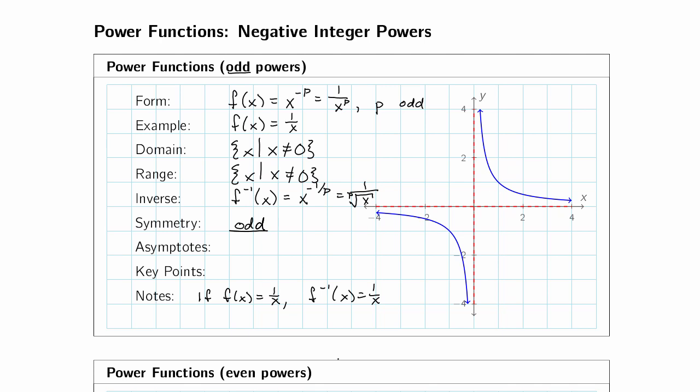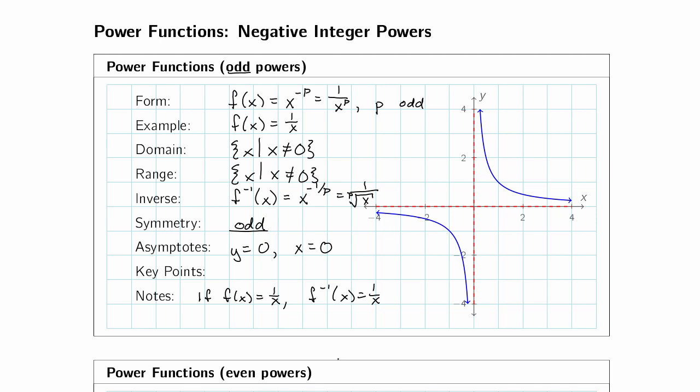And one interesting thing that we have not seen before that appears in this graph is that we have 2 asymptotes here. We have a horizontal asymptote at y equals 0, and we have a vertical asymptote at x equals 0. In general, graphs involving rational functions will have both horizontal and vertical asymptotes, and sometimes other more exciting asymptotes, which is something that you'll see more in later courses.